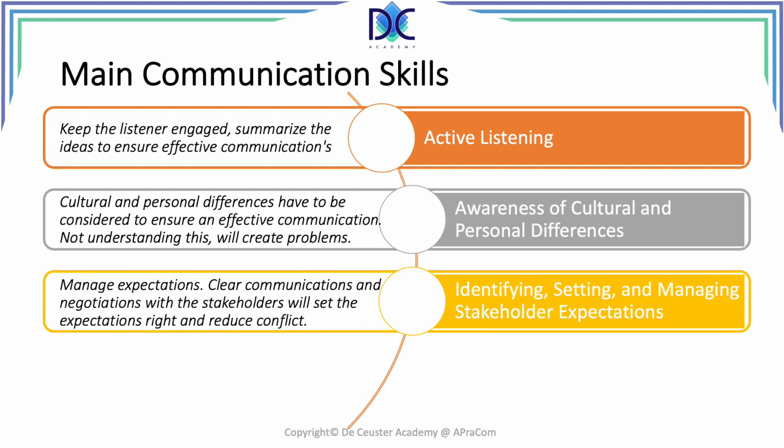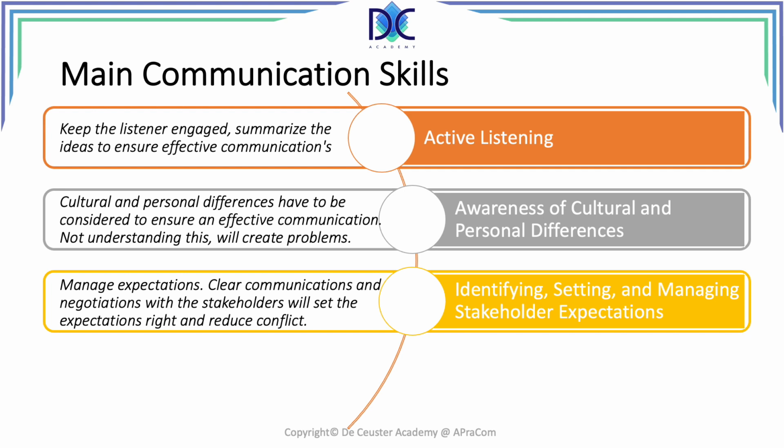Now we have to identify, set, and manage stakeholder expectations. When people sell something, when people look at a project, they say, oh wow, and everything is possible. But once you start working on a project, you have to share with the people how this project will go. What are you doing? What are the possibilities? What can they expect and what can they not expect?